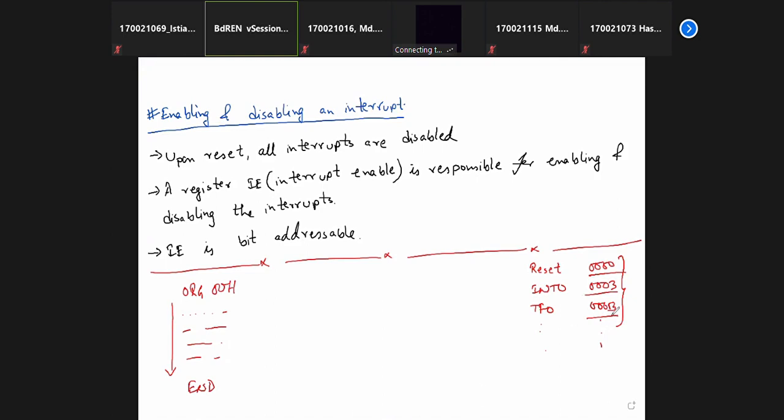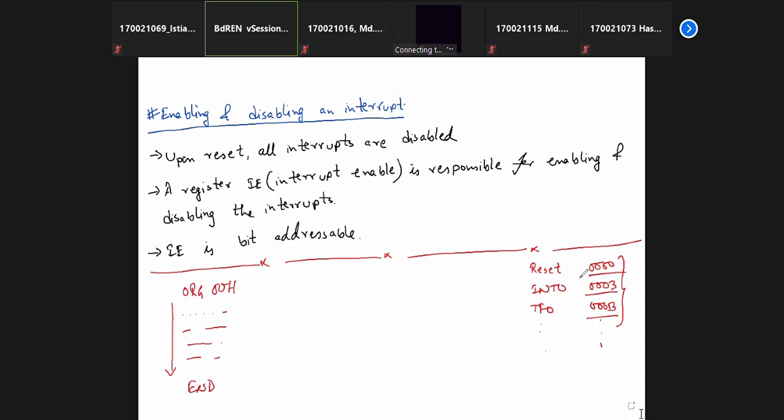Because we know from the interrupt vector table that these are the memory locations which are set aside for these interrupts. For all the interrupts we have certain memory locations set aside. But we did not consider all these things so far in this course. Whatever program we have written so far, we overwrote in all these memory locations.